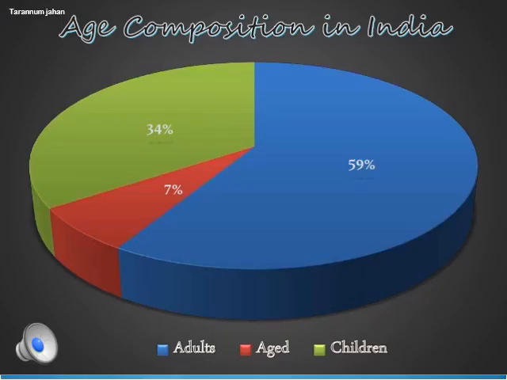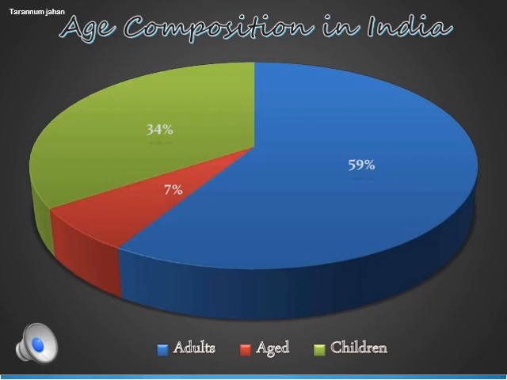So now look at this pie chart. You will understand the age group of the people living in India. Here 59%, these are the adults. These people are the working class, covering around 59% of the population, whereas the aged are 7%. This 59% is productive plus biologically reproductive, and this 7% are productive, but just because of retirement they are not having any employment.